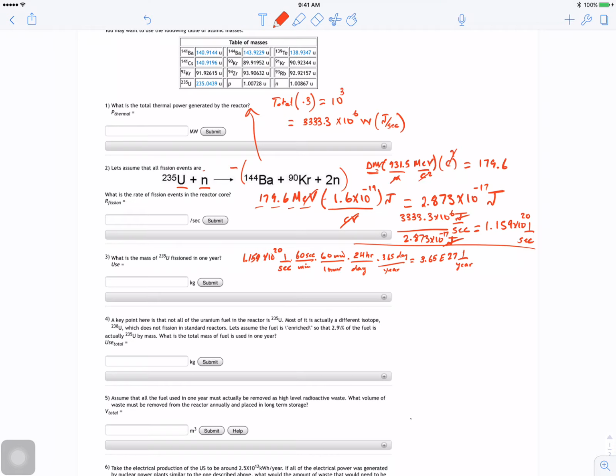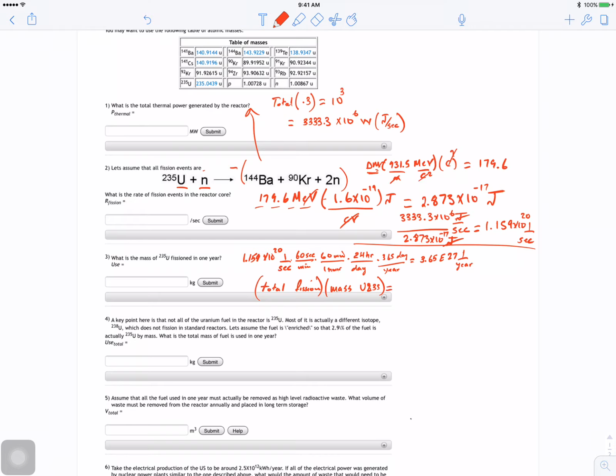And now we just do this. The total fissions multiplied times the mass of uranium-235.